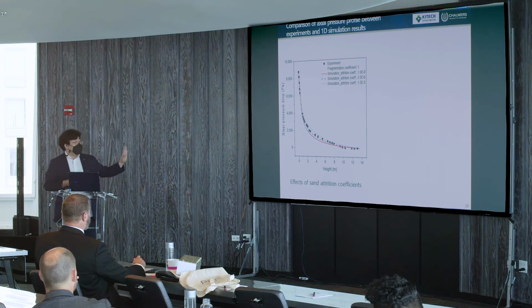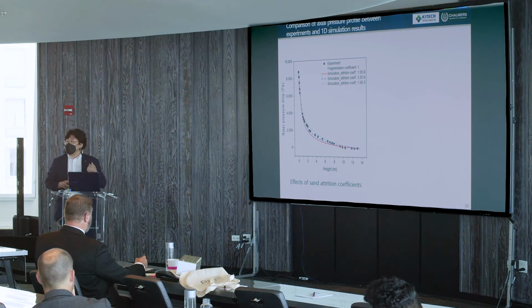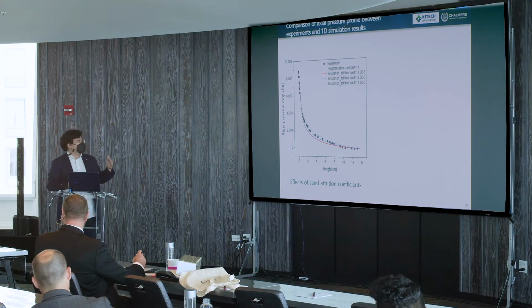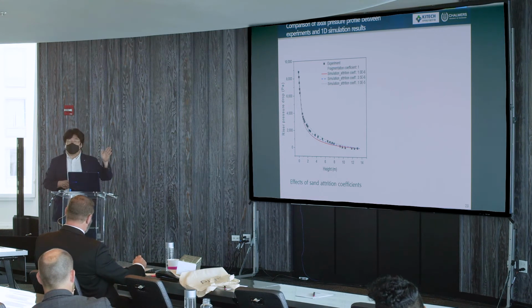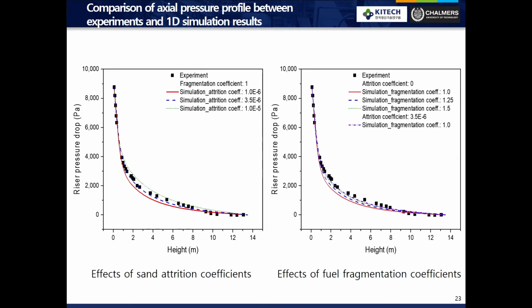So we change some coefficients for the attrition. It affects the size of the particles, and also it affects the overall pressure drops along the height. And we can also change the fragmentation coefficient with the attrition coefficient.